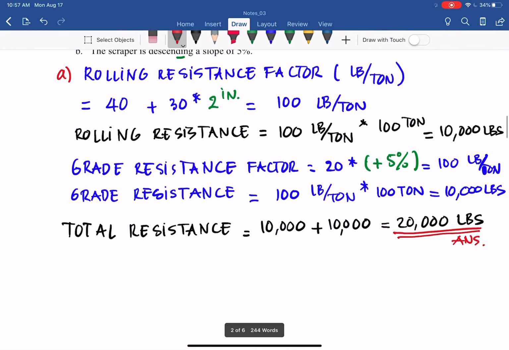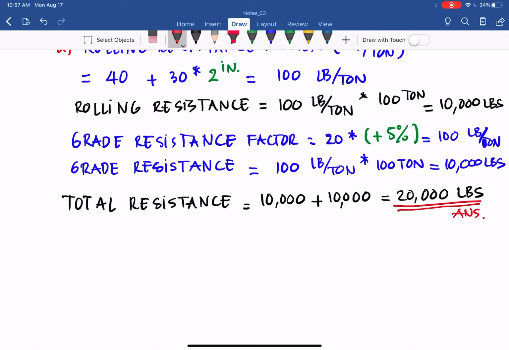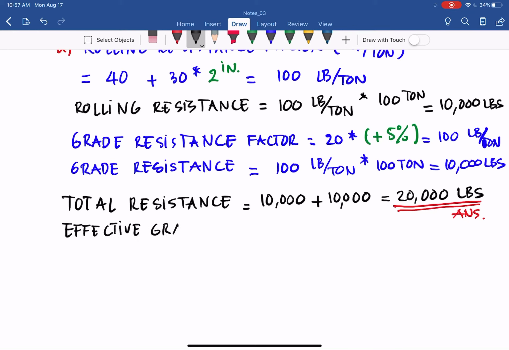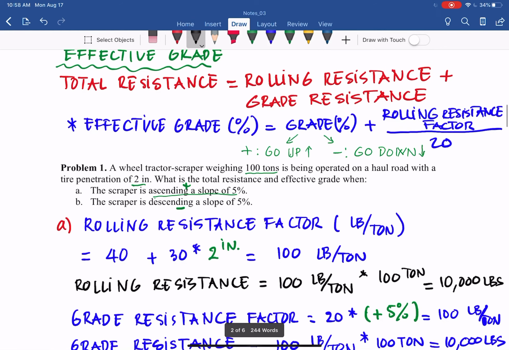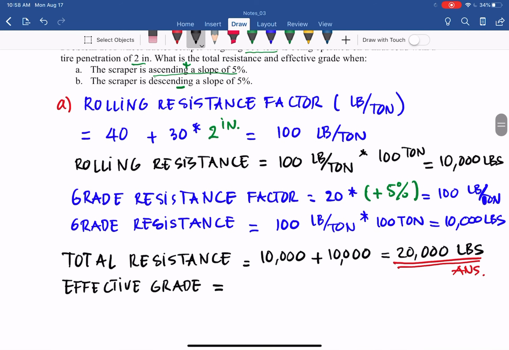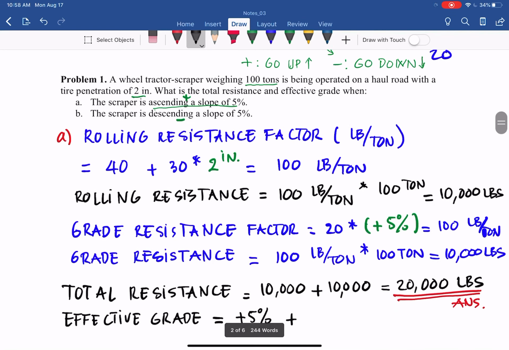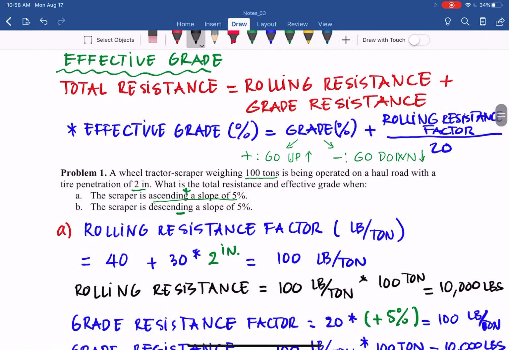And then the effective grade that combines both should equal the grade percent, and in this case the slope is 5% uphill ascending, so it will be plus 5%. Then add rolling resistance factor divided by 20.